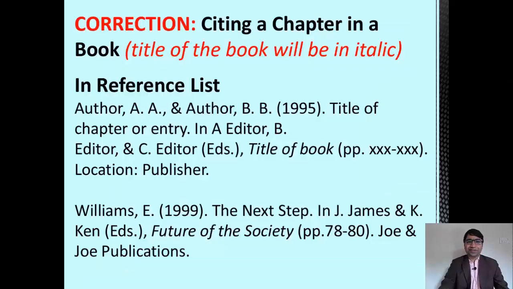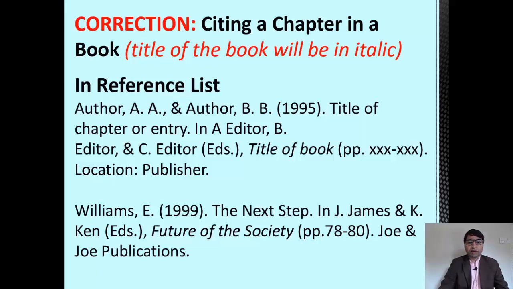Sorry, actually there was a little mistake and I just want to correct it. When you're citing a chapter in a book, then the title of the book will be in italics. For example, look at the example. The name of the author, William A., then the year comes, then the name of the chapter, without bold, without italics, in simple text.